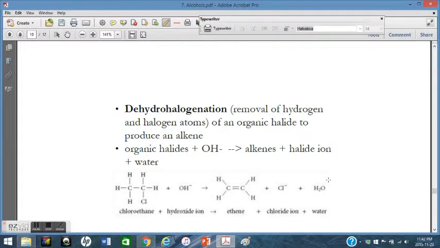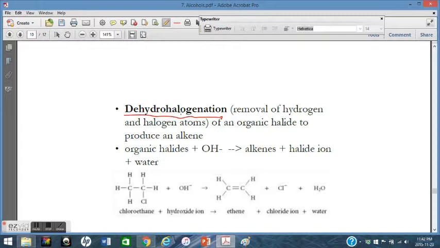It is a dehydration reaction, but because we're in science, we like to make big words, we call it dehydrohalogenation. So the dehydro is getting rid of a water. We're also getting rid of a halogen.